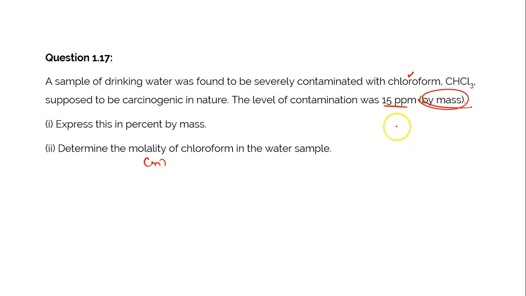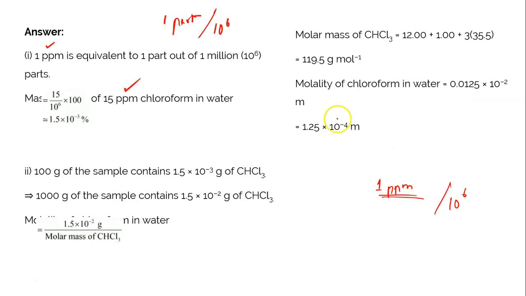That means you are saying that 15 grams of chloroform is present in 10 power 6 parts of water. So you are already talking in terms of mass. So 15 divided by 10 power 6 is directly multiplied with 100, which on simplification is 1.5 into 10 power minus 3 percentage. This is the mass percent of chloroform in the given sample of water.